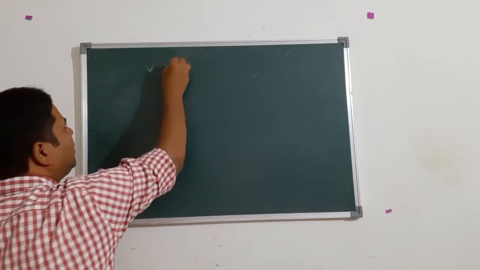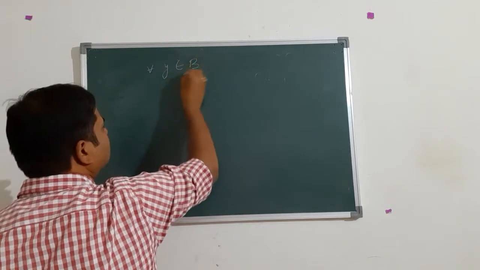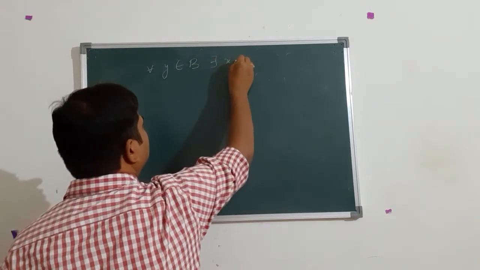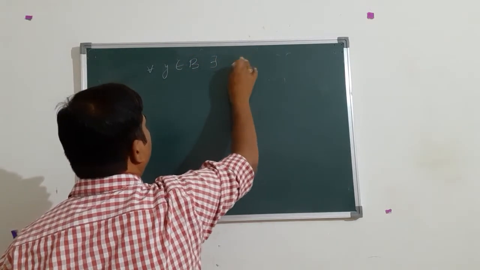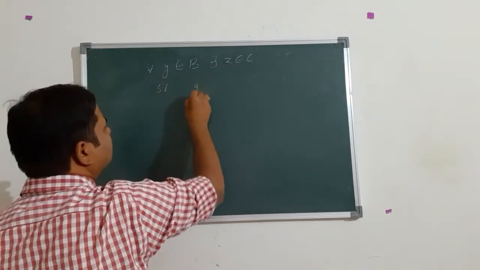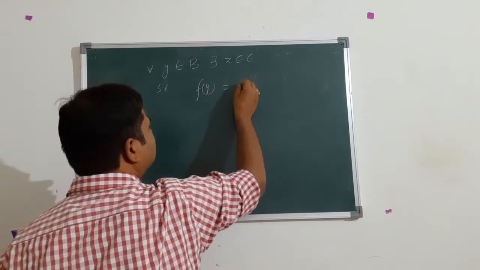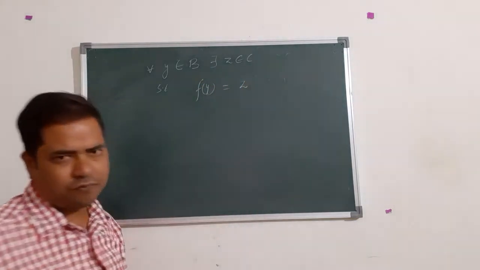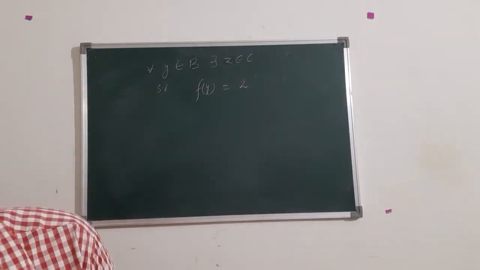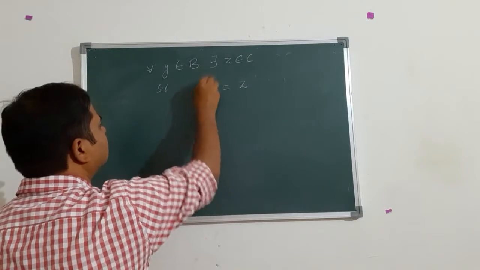For each y belonging to B, there exists z belonging to C such that g of f of y is equal to z.